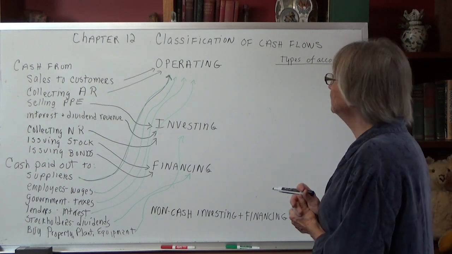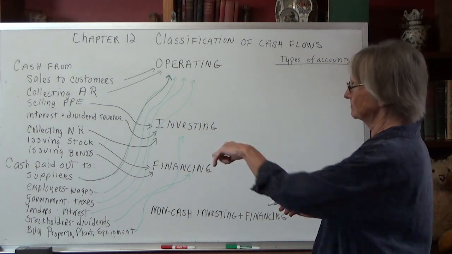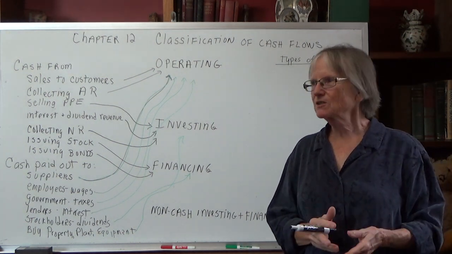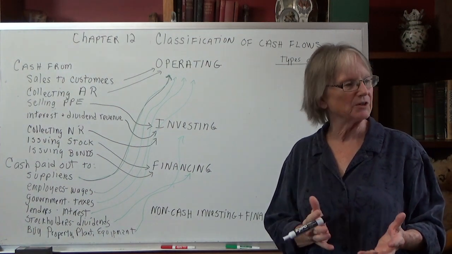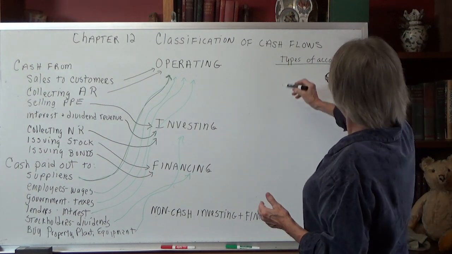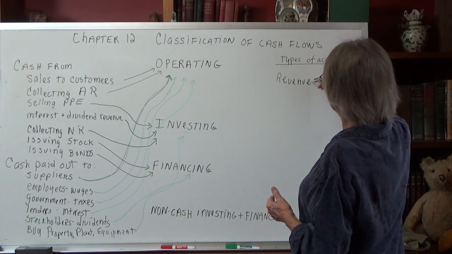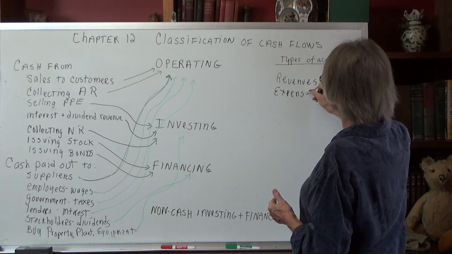And so basically rather than try to memorize or figure this out, it probably makes more sense to figure out what types of accounts we're going to call operating activities. And so basically it's going to be our revenues, it's going to be expenses. So these are accounts that are found on the income statement.